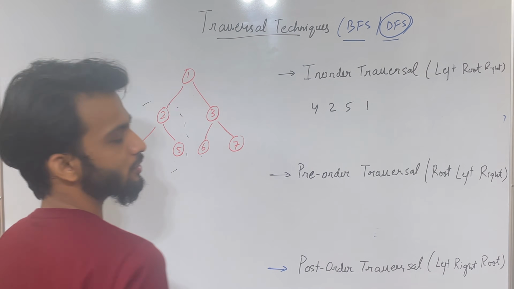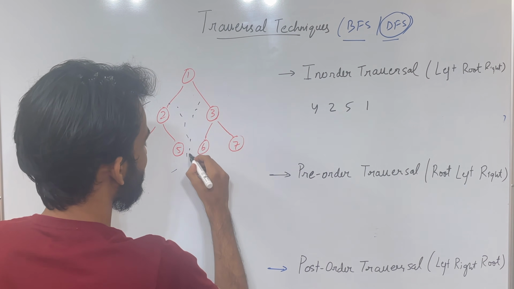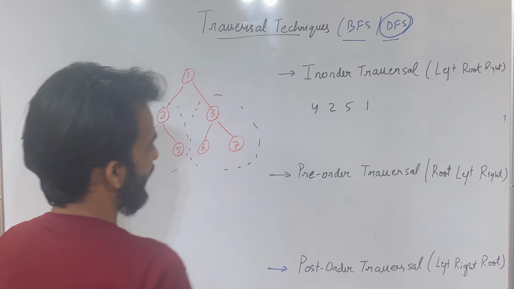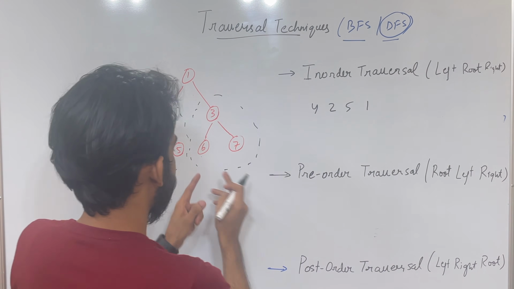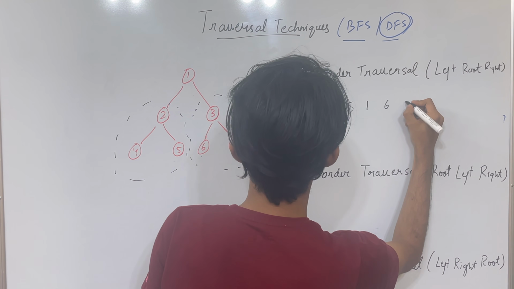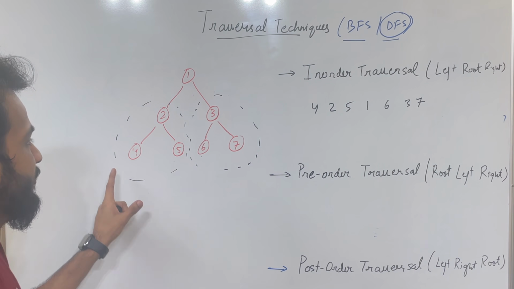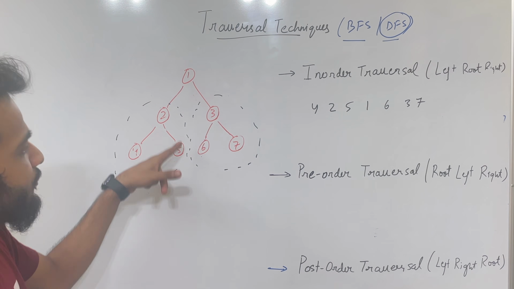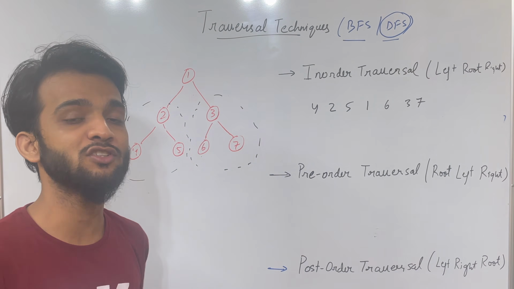Now go to the extreme right. Once you've gone to the extreme right, what's your next job? Again, apply the same logic: left, root, right. So 6, 3, and 7. So I can say the in-order traversal will be 4, 2, 5, 1, 6, 3, 7. That will be the in-order traversal for this tree.